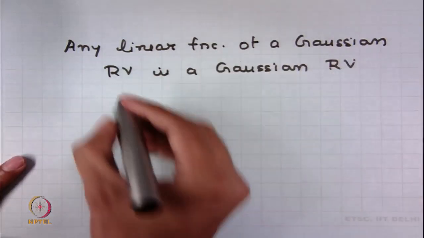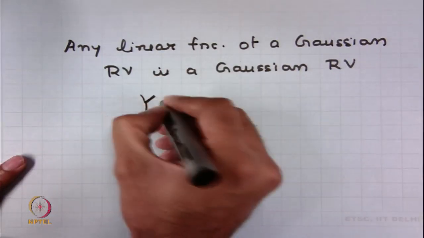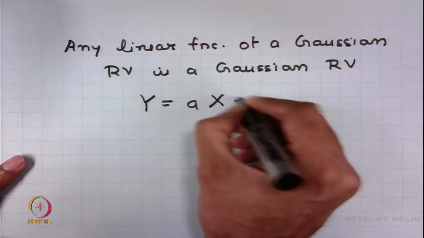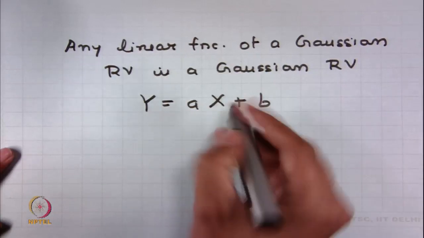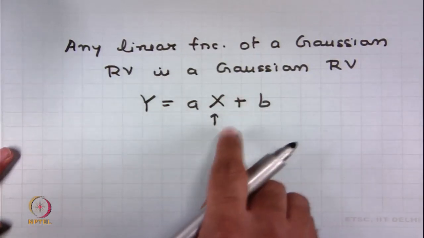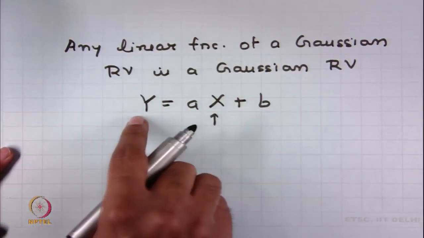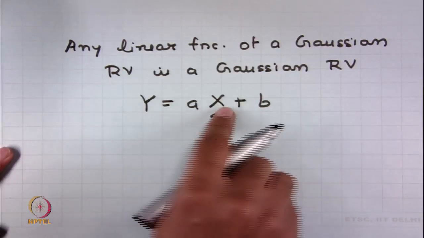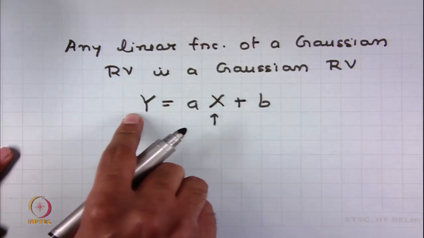So, what we have said is we have defined a random variable y, which is a linear function of a random variable x. x was assumed to be a normally distributed random variable, and y we found out is still Gaussian distributed.